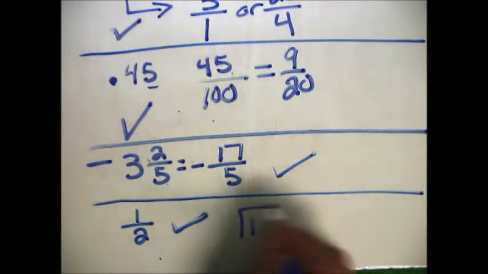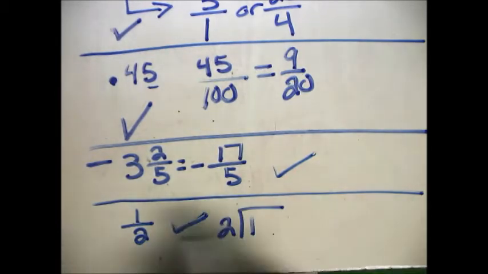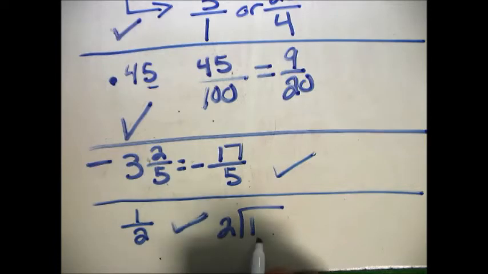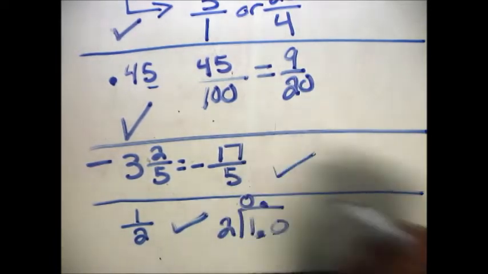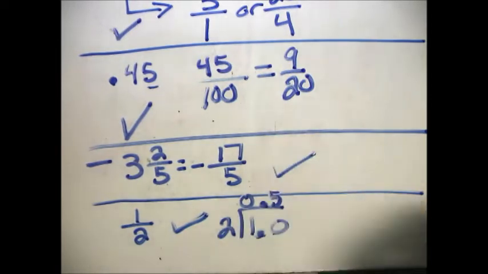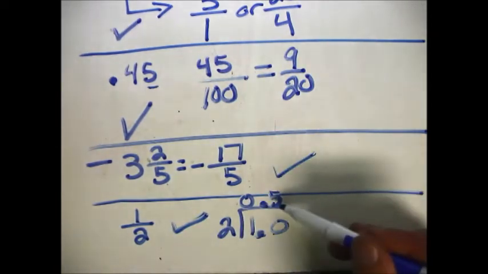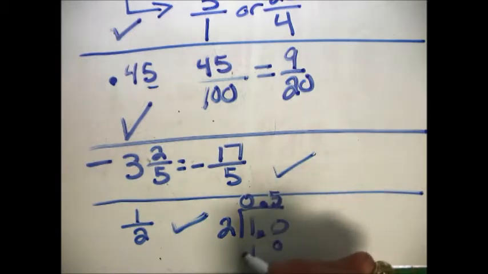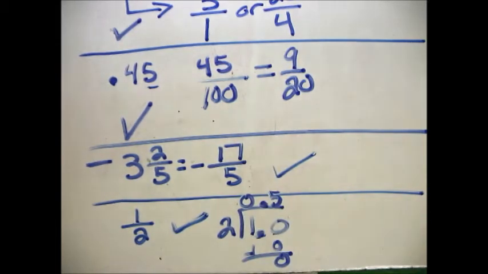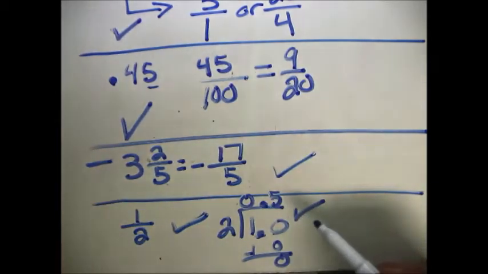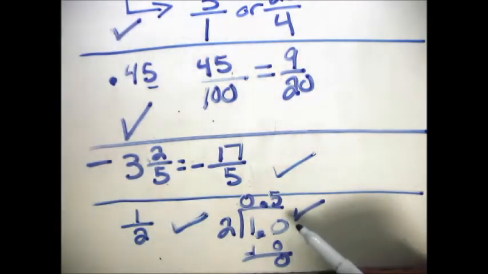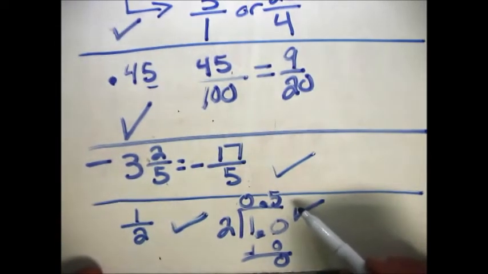So 1 divided by 2, top dog in the house, 2 goes into 1 0 times, but 2 goes into 10 5 times. If you notice right here, the 5 ends, it stops. So this also is a rational number according to special rule number 2.